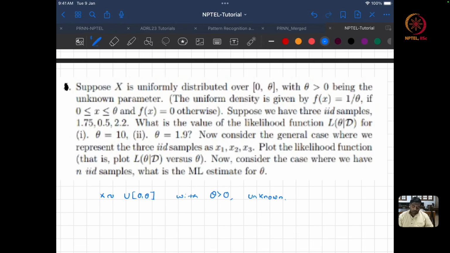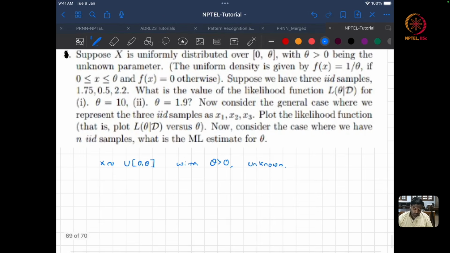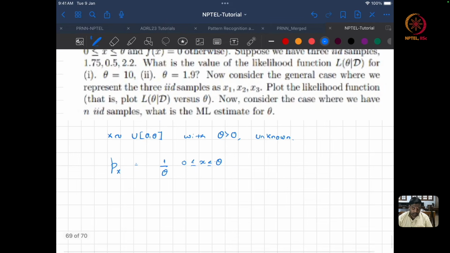Okay, so once we know the density, it is 1 over theta for x between 0 and theta, and 0 otherwise. Okay, this is the density for x.